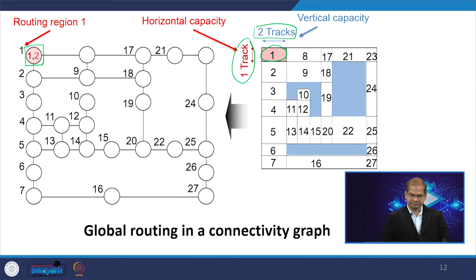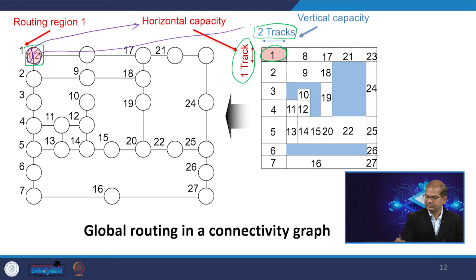The horizontal tracks are denoted first, so here it is 1. This one corresponds to the horizontal capacity and this one corresponds to the vertical capacity.